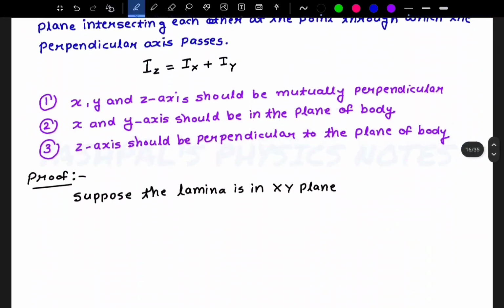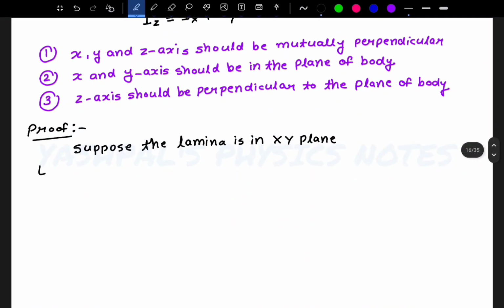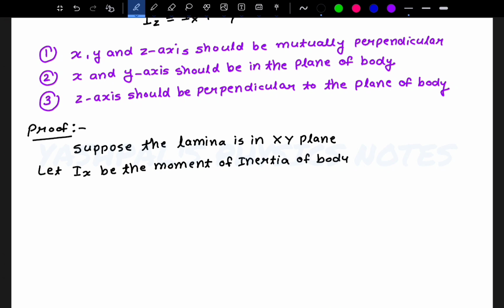So here I am writing, let Ix be the moment of inertia of body about OX.